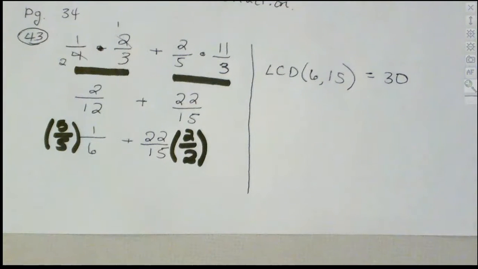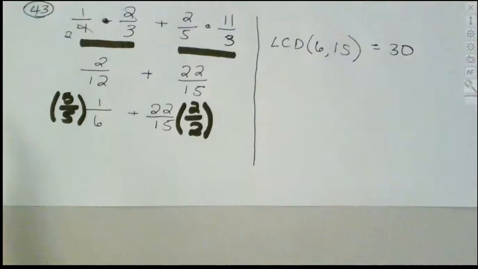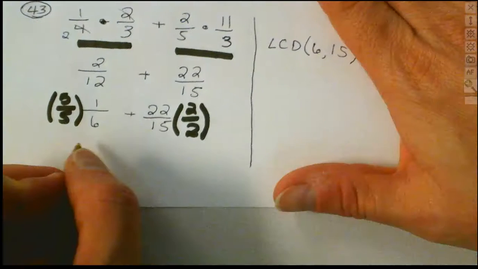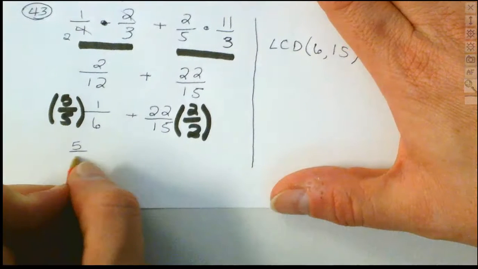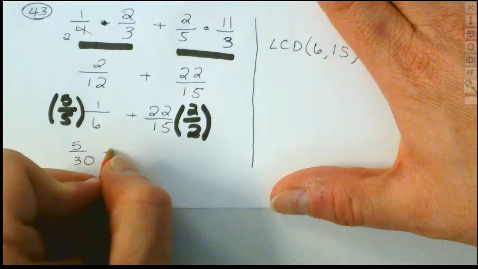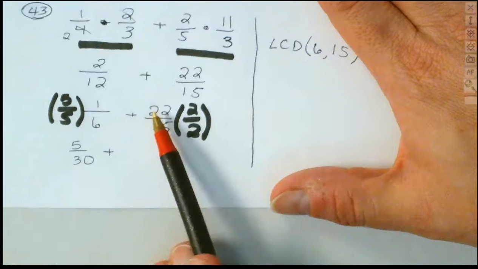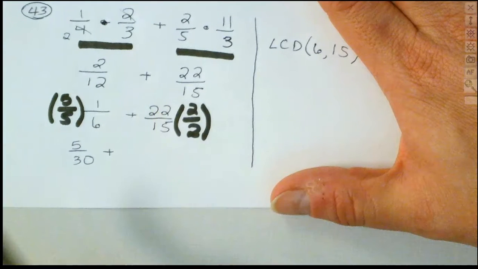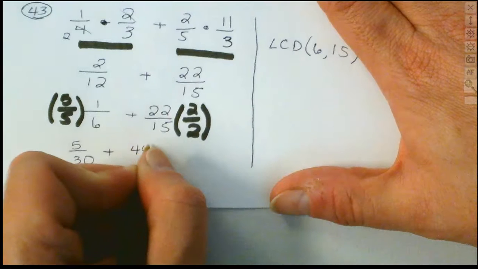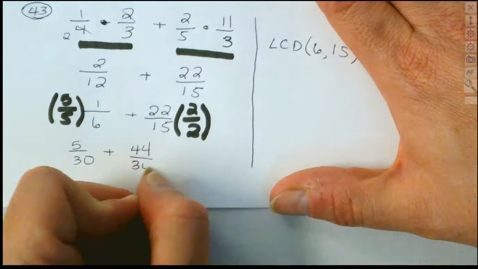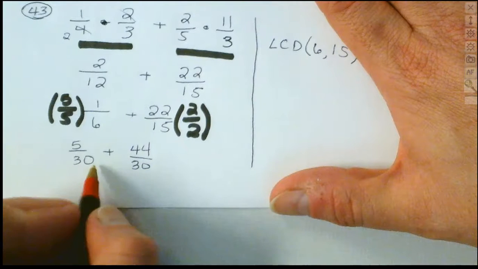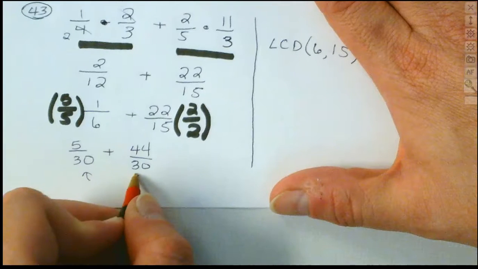Now we multiply again. So 5 times 1 is 5. 5 times 6 is our 30. Next one, 22 times 2 is 44. 15 times 2 is 30. These are the same, so they can now be combined together.